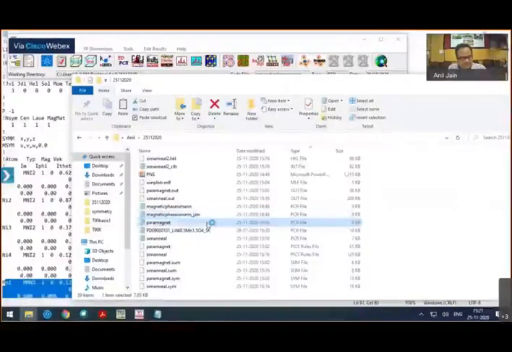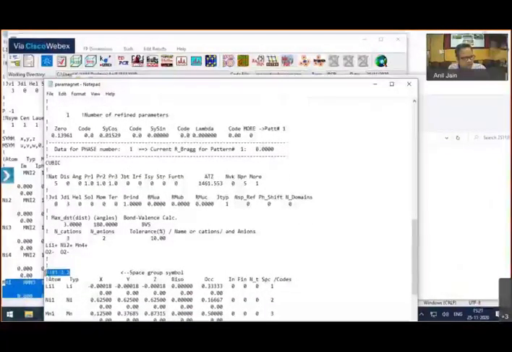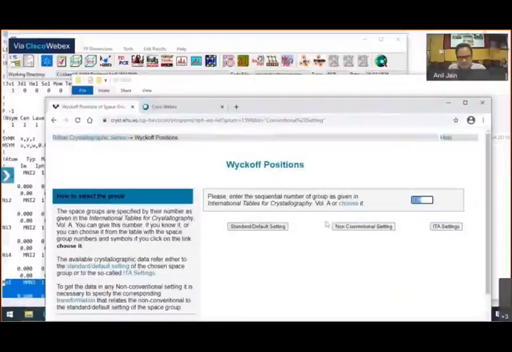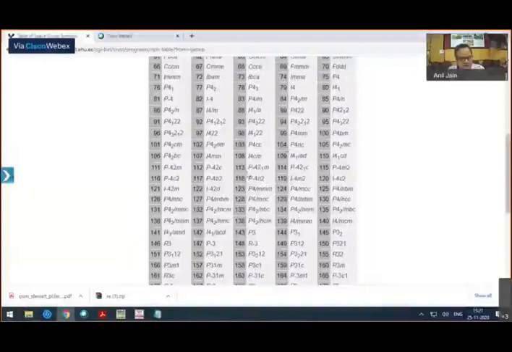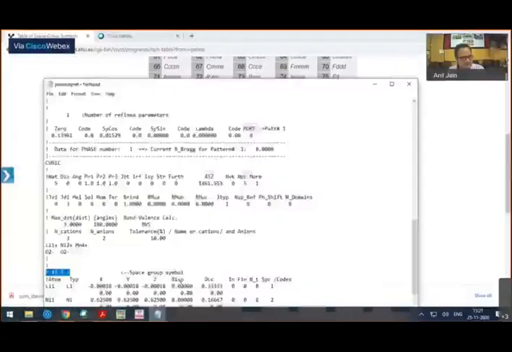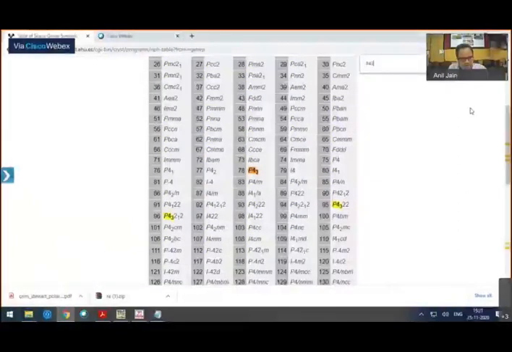So this space group is P4332. I believe it was 120. I do not know, so I would like to choose it from the list. It was somewhere around 120, P4332. Let me check it again. Control F, P43.